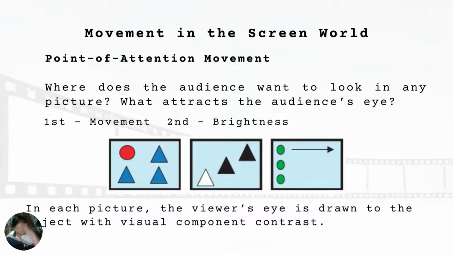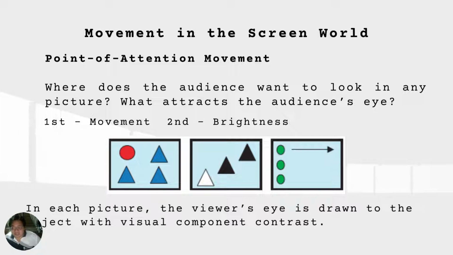Movement is first. The viewer's attention will always be drawn to a moving object. If there is no movement in the frame, then the viewers will direct their attention to the brightest area of the frame. If a moving object also happens to be the brightest area of the frame, the viewer will notice that object even quicker.